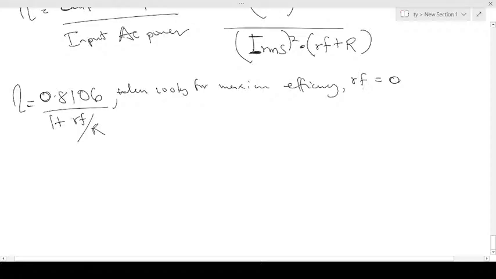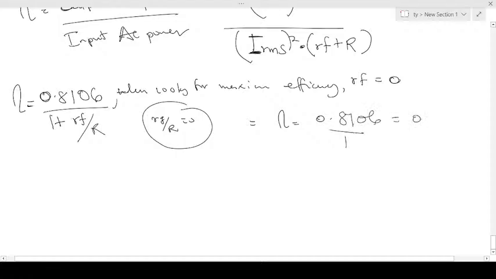And so if our RF is 0, that means the ratio of RF over R is 0, and the only denominator we have left is 1, making our efficiency 0.8106 over 1, or 81.06%.